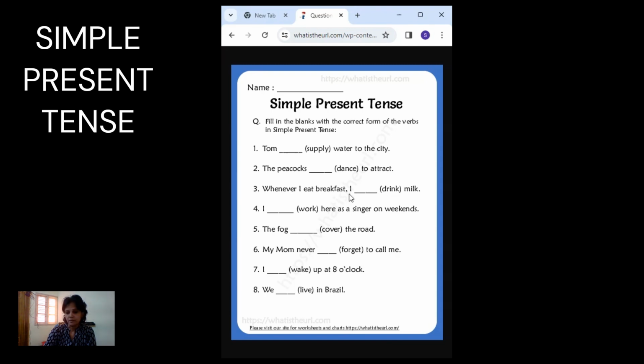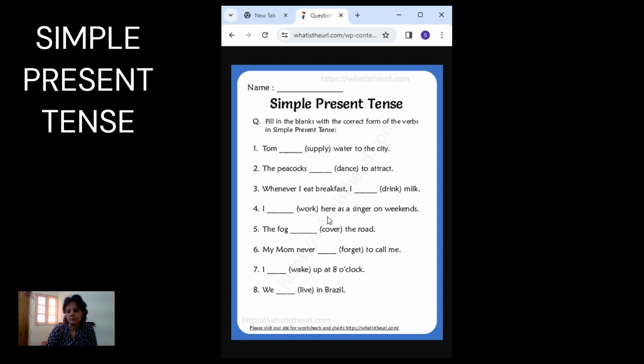That's it, we don't need to add anything. If suppose it is he or she eats, that time we usually use es or s according to that sentence. But here I'm talking about the person speaking, so that person should use the same verb like this. We need not add any s or es to this sentence.